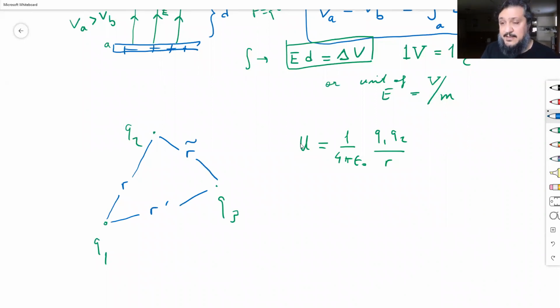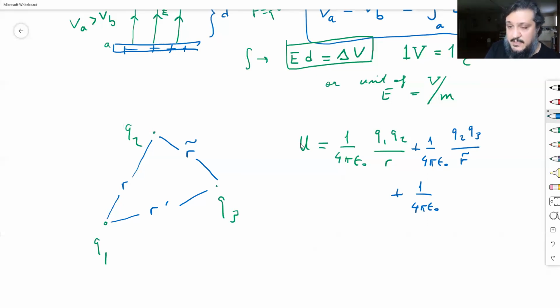All right. Then I have to add more terms to this energy. Plus 1 over 4 pi epsilon 0, now consider Q2 and Q3 divided by R tilde. And also add to this Q1 and Q3, the distance is R prime.